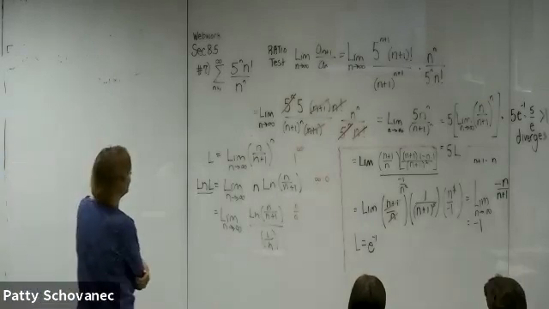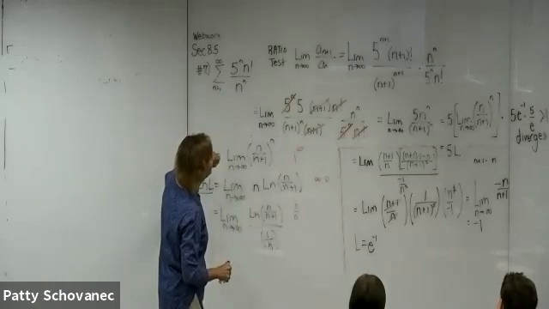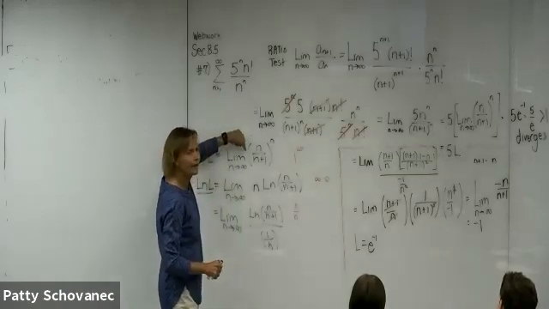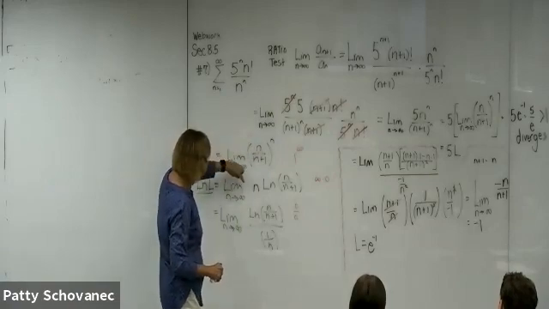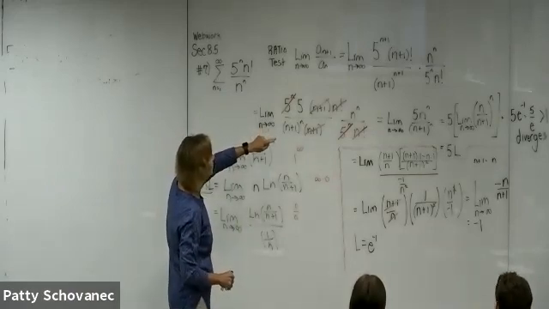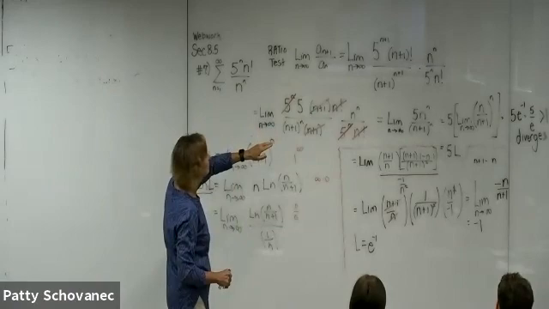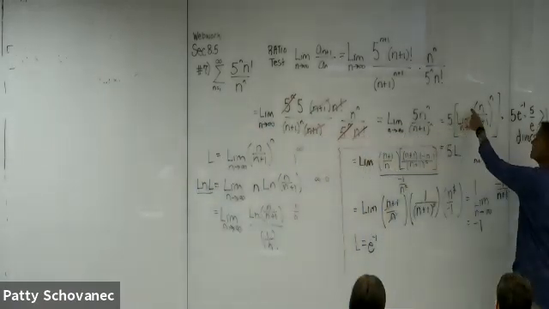What if I left it here? If I left it here, then I'd have the log of a product. I don't know where I would have put it. It would have been here, outside the parentheses.